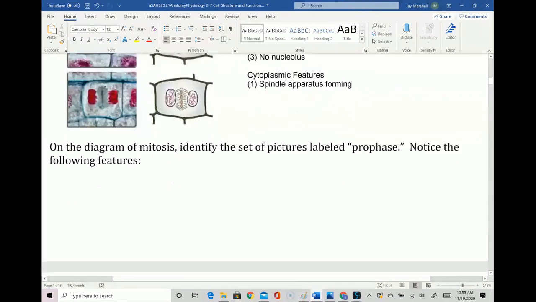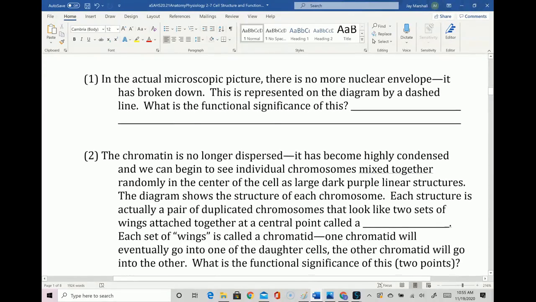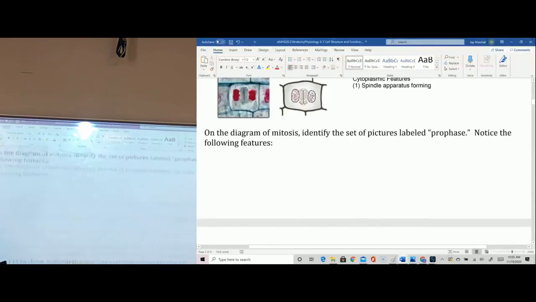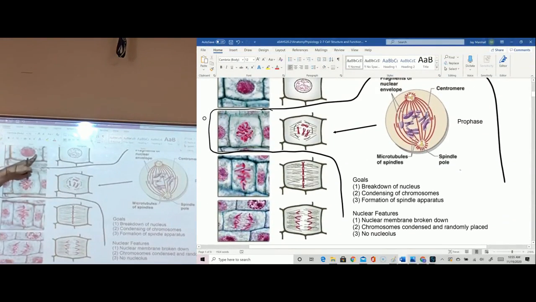And I basically am creating the situation. I'm setting it up so the action can happen. So in the actual microscopic picture, there is no more nuclear envelope. Let's look at that actual microscopic picture. It's gone, right? I can see a nice boundary around the nucleus beforehand, but now I don't see that.